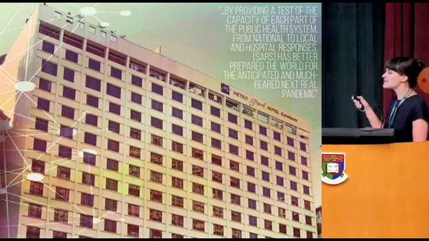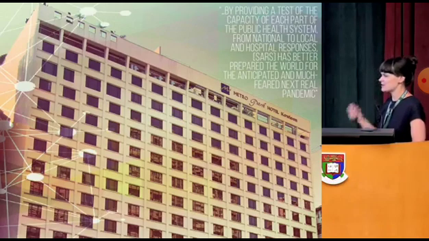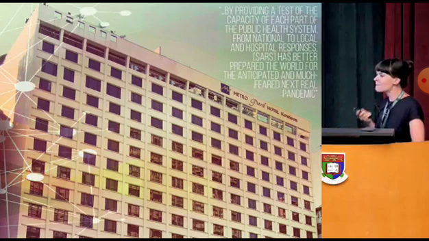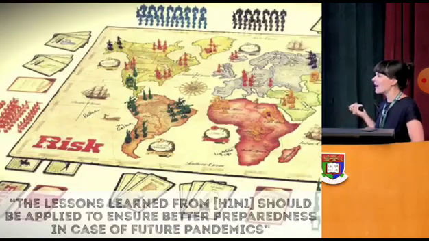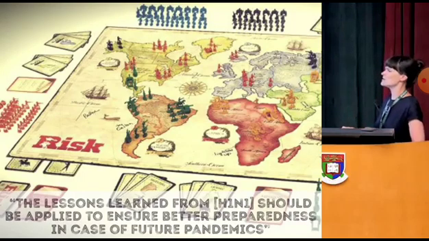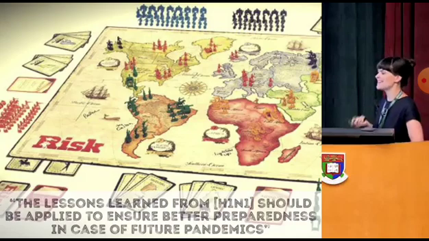By providing a test of the capacity of the public health system, SARS has better prepared the world for the next pandemic. Spoiler alert, it didn't. H1N1 showed up in 2009, and you saw the same thing in the post-H1N1 pandemic lessons learned literature. Oh, this has made us better prepared for the next pandemic. And it doesn't.